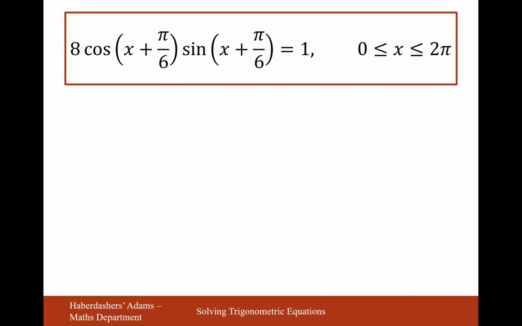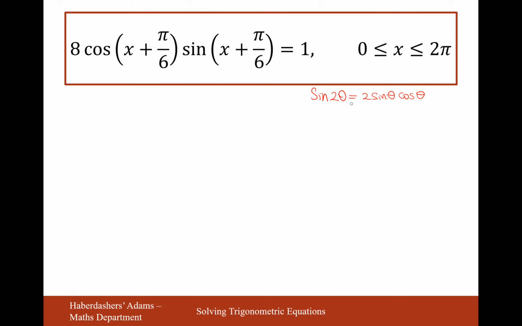Okay, so let's move on to the next question. And in this question we have 8 cos of an angle times sine of an angle. So what we could do here is we could expand the brackets using the angle addition formulas. But what I've also noticed is I've recalled that sine 2 theta is equal to 2 sine theta cos theta.